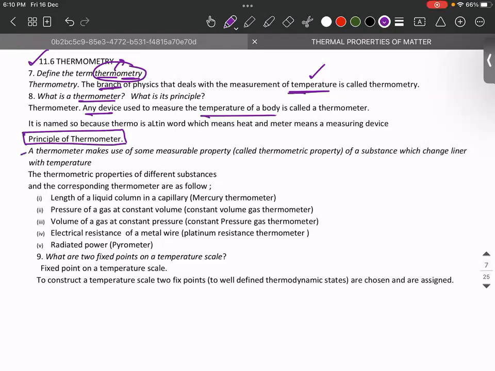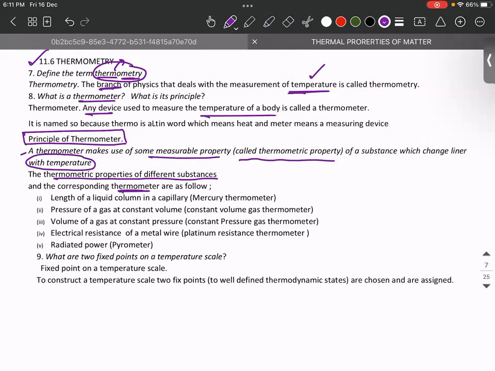A thermometer makes use of some measurable property, called the thermometric property of a substance, which changes linearly with temperature. The parameter that we are going to use will be directly proportional to the temperature in a linear form.